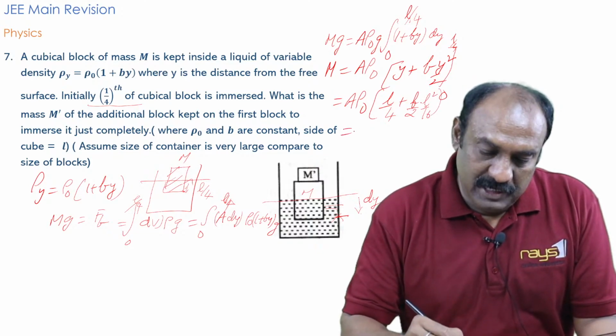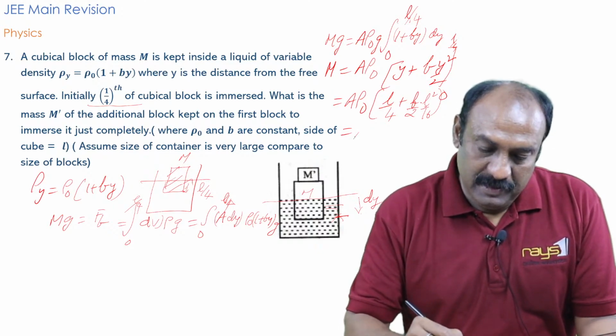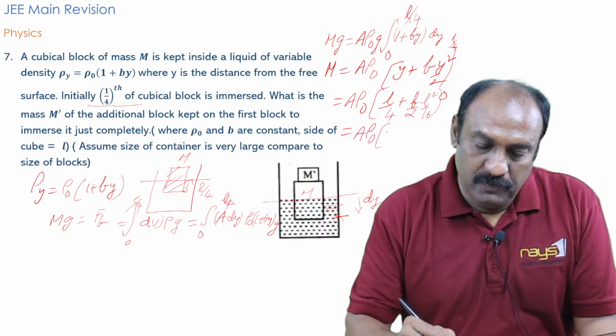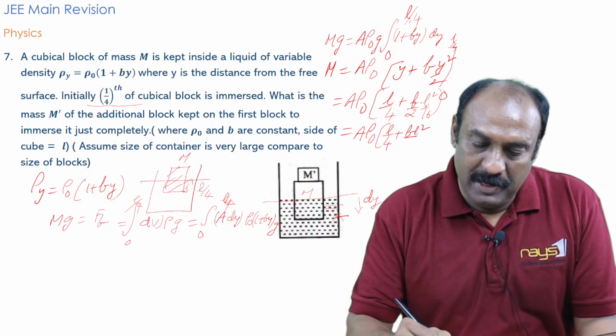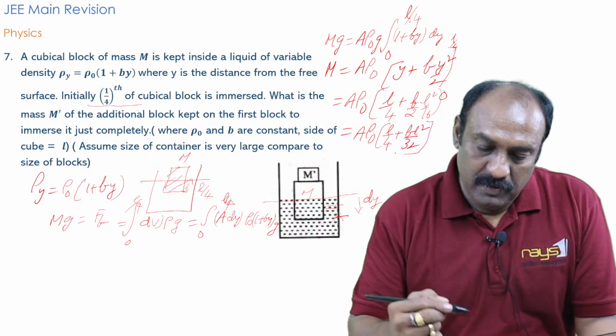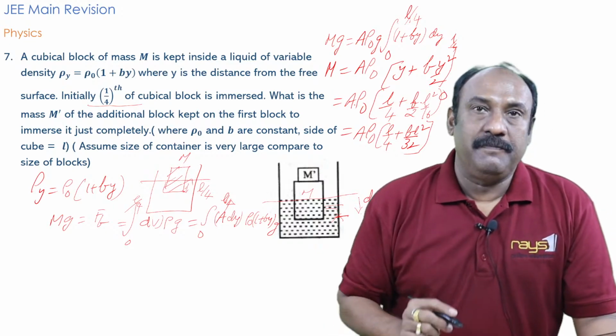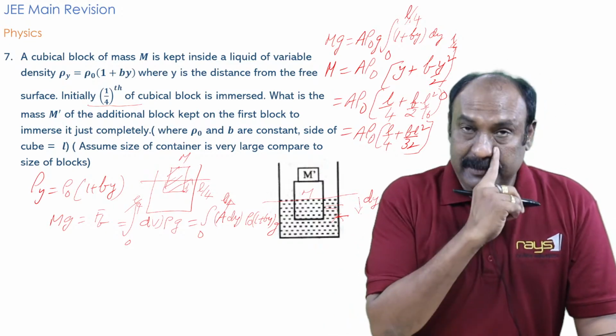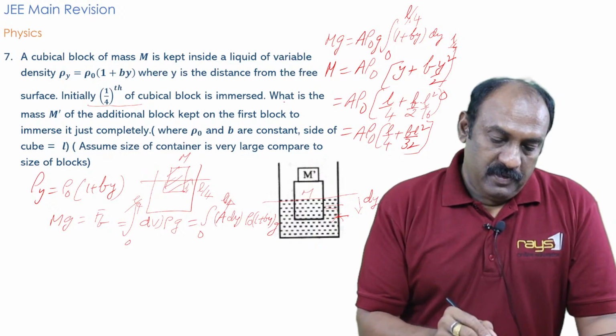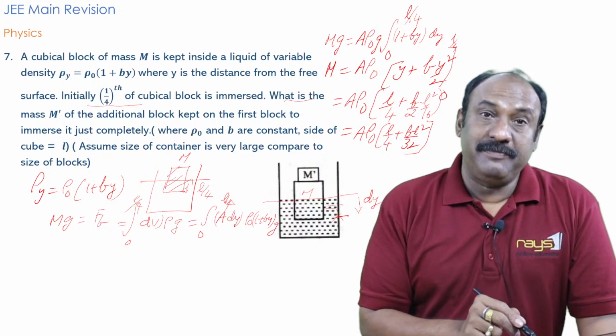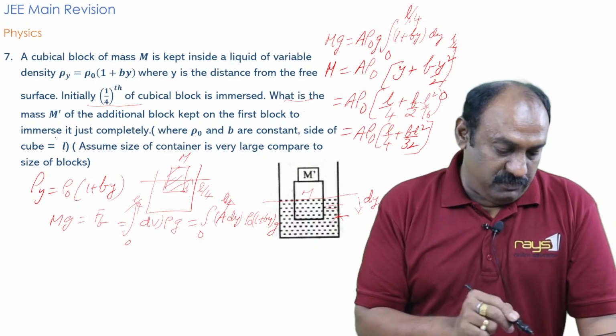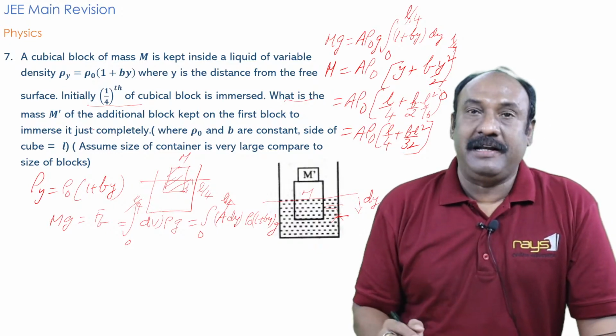So from this we get the mass of the block is a into rho naught into L by 4 plus b L square by 32. First I calculated the mass of the block. Now according to the given data, what is the mass m dash of the additional block kept on the first block to immerse it just completely?